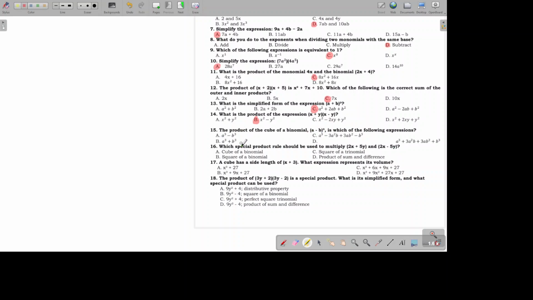So all of them got that. Then negative 3a squared b. So this is the only one that follows the next term in the special product. So it's obviously the answer.